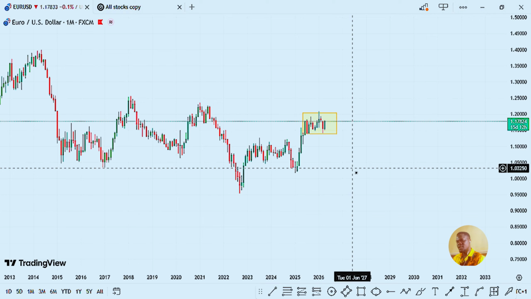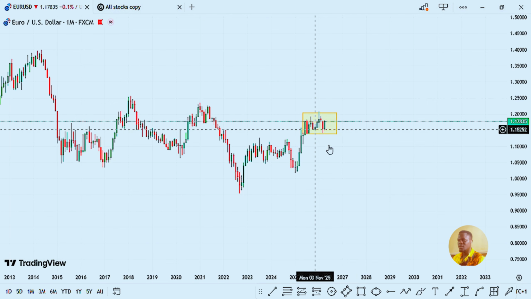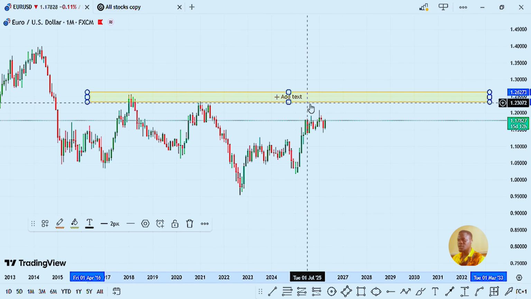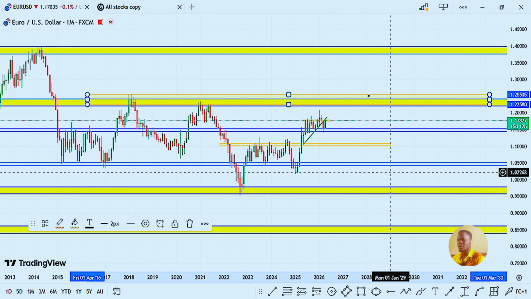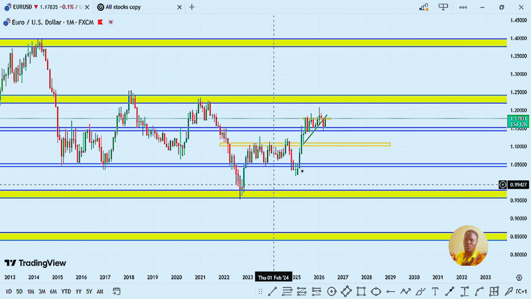The DXY is the inverse of the euro. So you see this guy is consolidating inside here, and euro is coming to fulfill this technical level. I said I plotted this level before. Okay, it's back. So I will not be looking for either buy opportunity or sell opportunity.